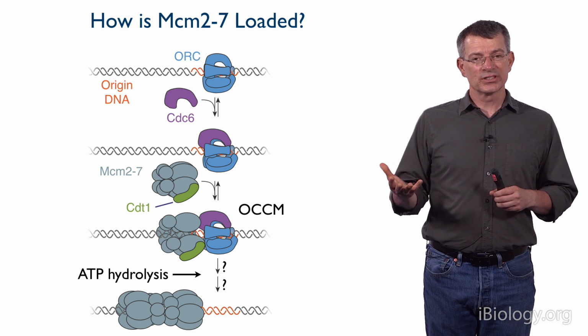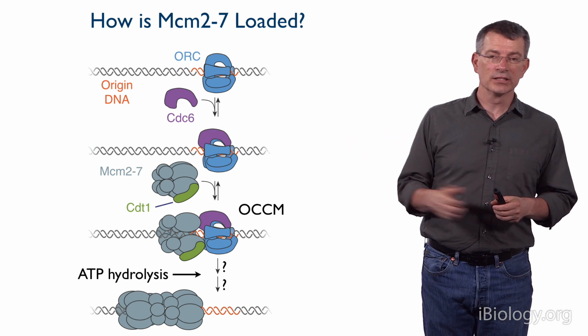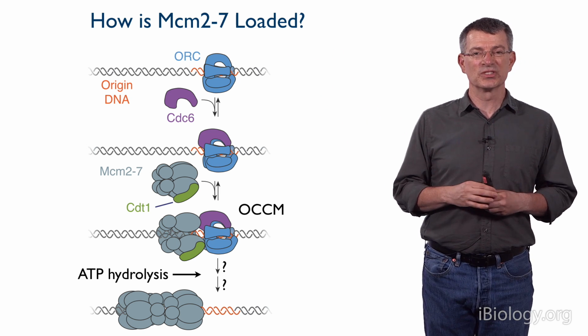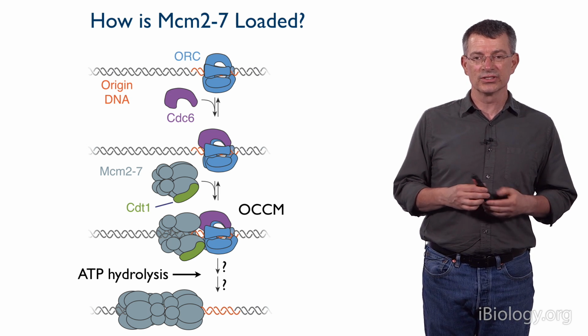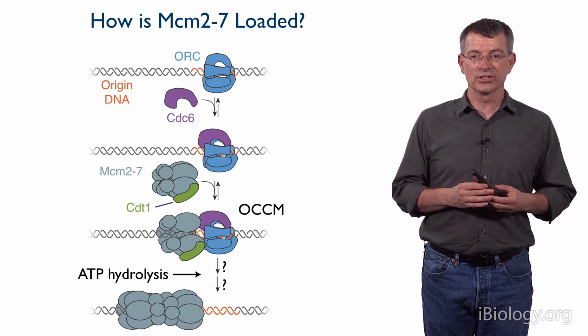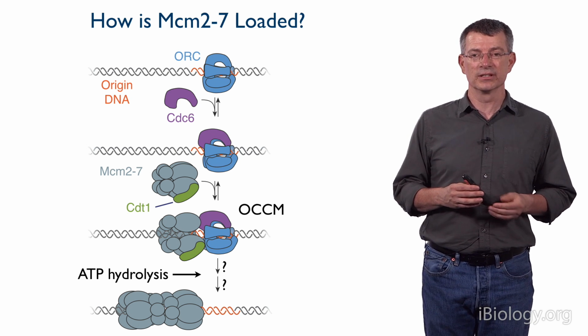So we know that the first step in this process is the recognition of the origin DNA by the origin recognition complex, which binds a specific sequence found in the yeast DNA replication origins and binds to other attributes of origins that don't have specific sequences associated with them.